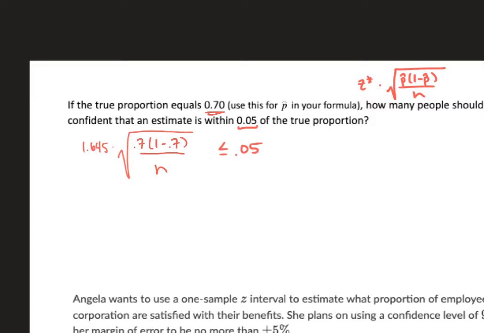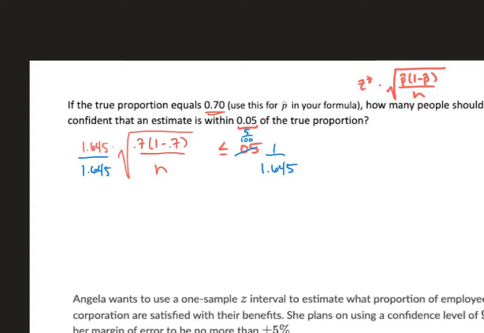First thing we need to do to get n by itself is divide by 1.645. I'm going to write it like that, so it looks like a fraction. Then he says that we can rewrite 0.05 as 5 over 100, so it looks like a fraction as well.